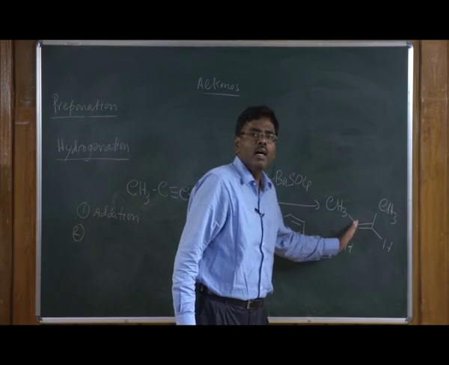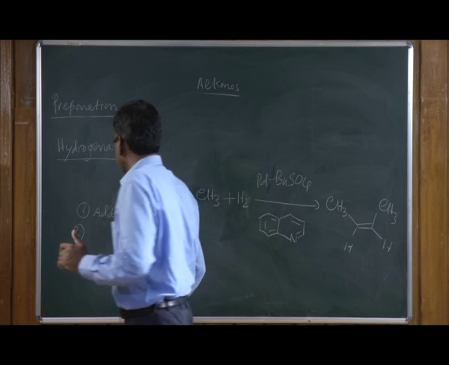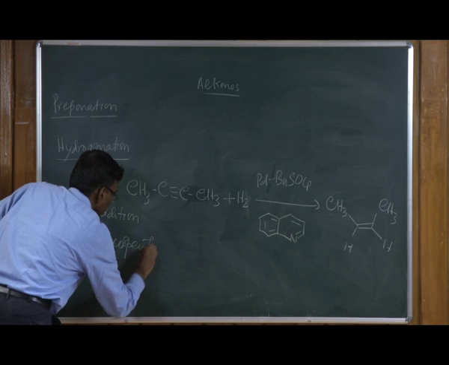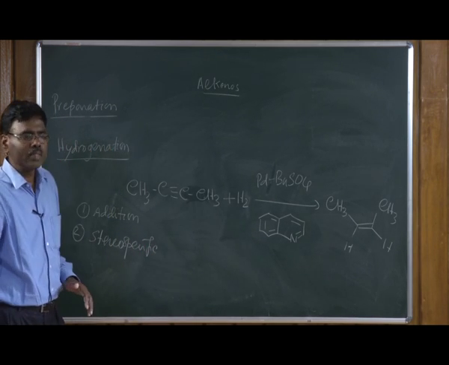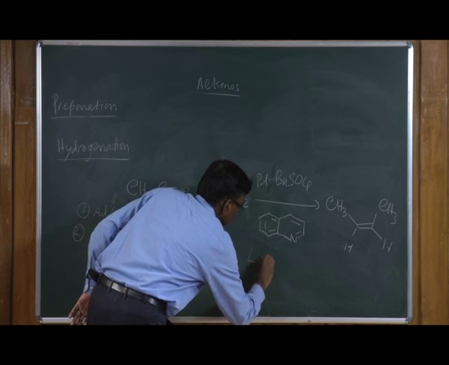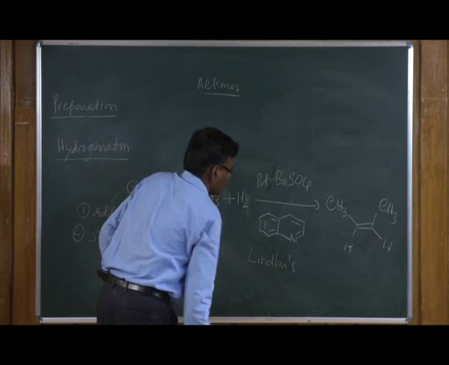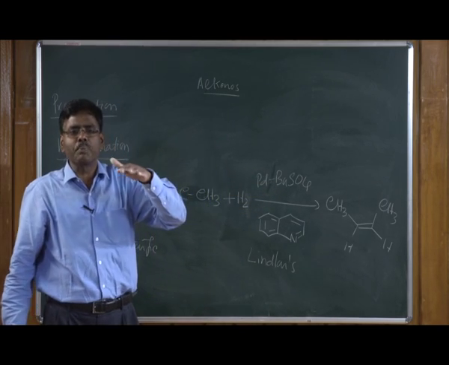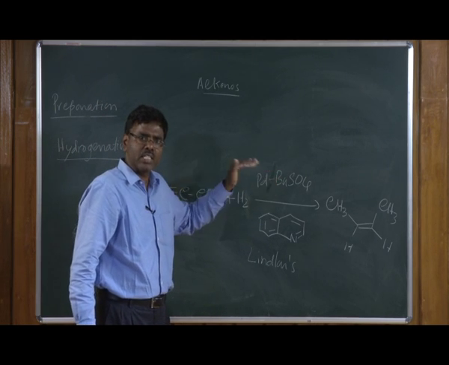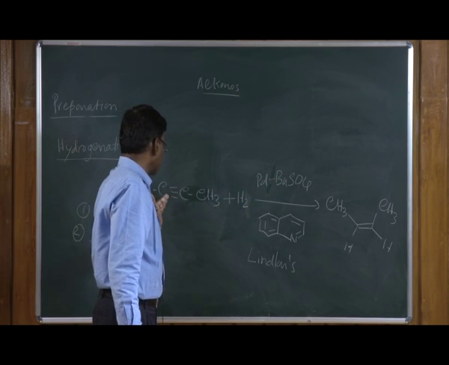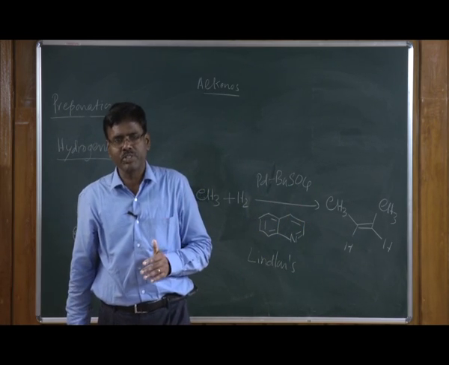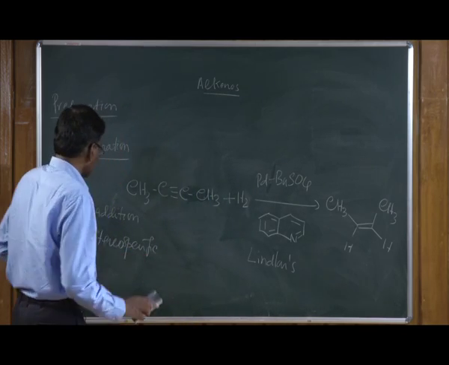You can end up with cis-2-butene selectively, and in this case this is also called Lindlar catalyst, where palladium is supported on barium sulphate or calcium sulphate, and in the presence of quinoline the reactivity of this catalyst is reduced. So, partially you can reduce the carbon carbon triple bond to a carbon carbon double bond with syn stereochemistry. And how does the reaction take place?